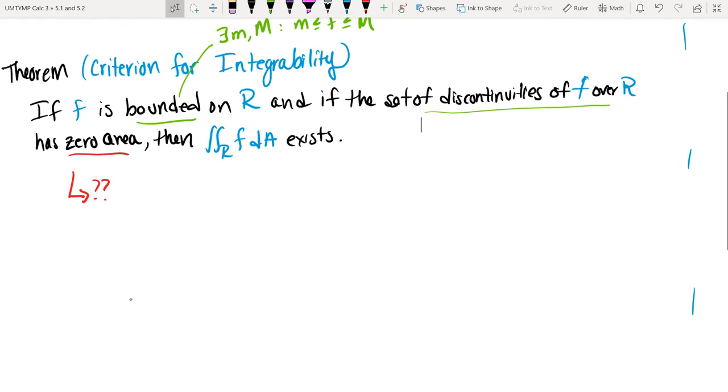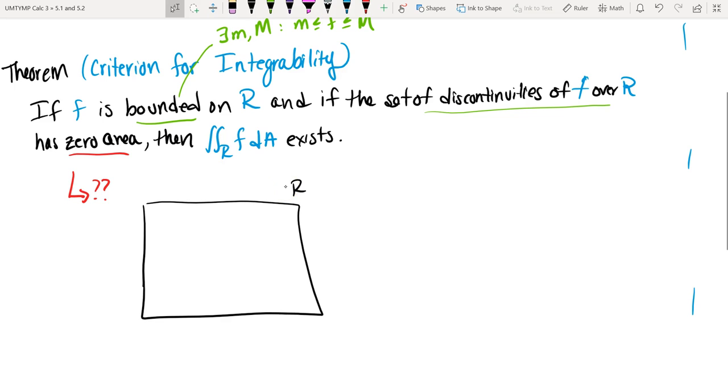If you imagine for a minute that you have your little rectangular region, this is going to be R, and then maybe there's some little grouping of places, so here's our set S. This is going to be our set of discontinuities, made up of many different places where the function might be discontinuous.